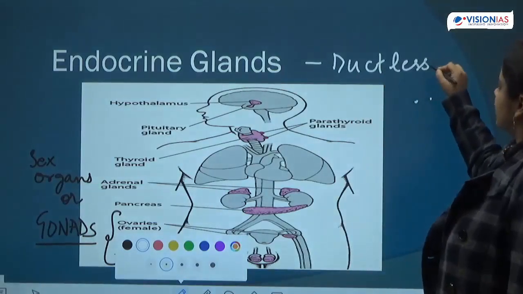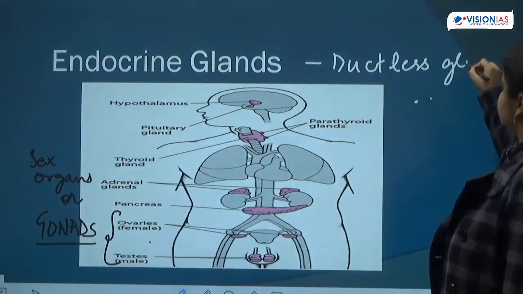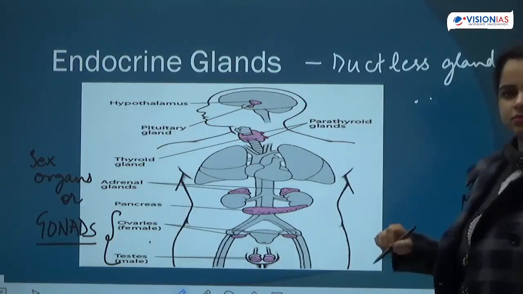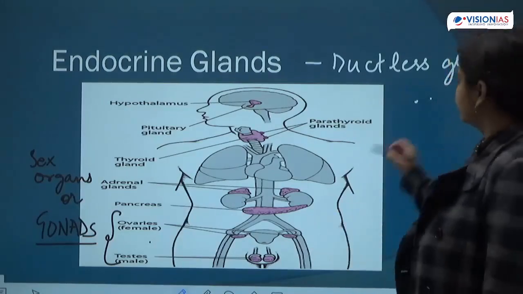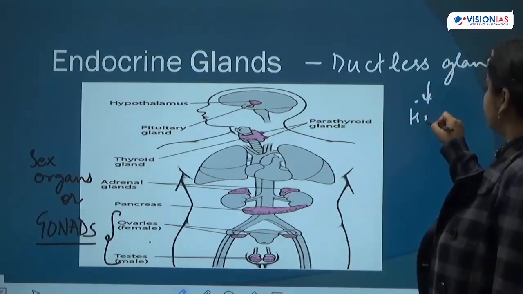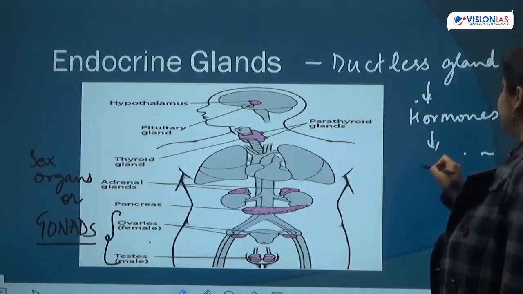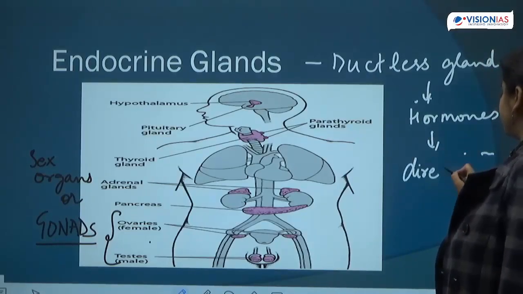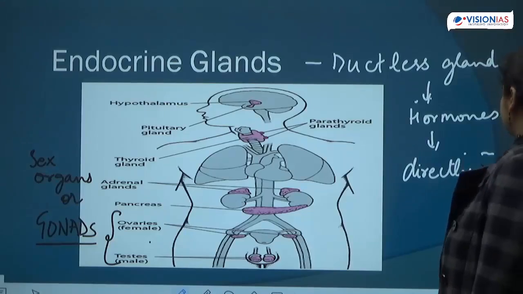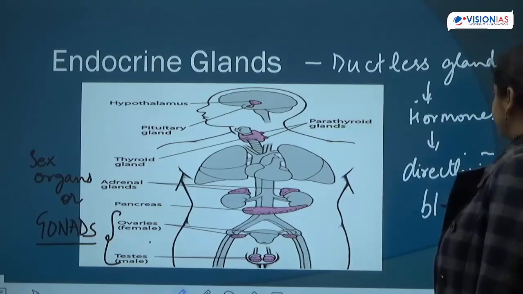So there are no ducts or tubes carrying these particular hormones, and that would mean that the hormones are going to be secreted directly in blood. That's their main property.